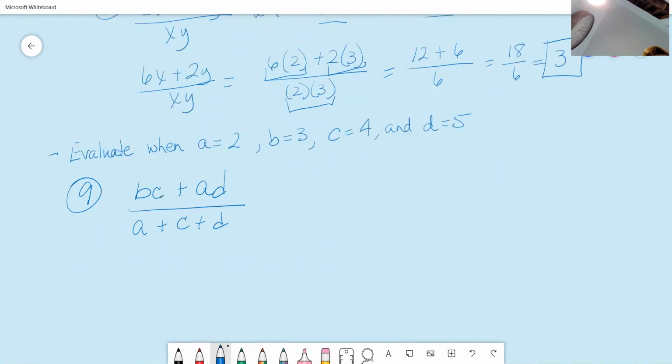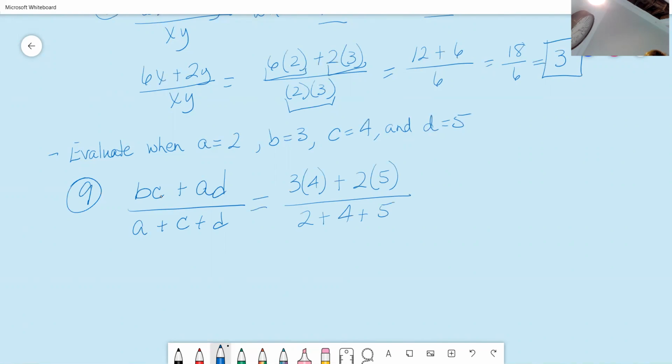So B is 3, so this is 3 times 4 plus A is 2 times 5 divided by A, which is 2, plus C, which is 4, plus D, which is 5.